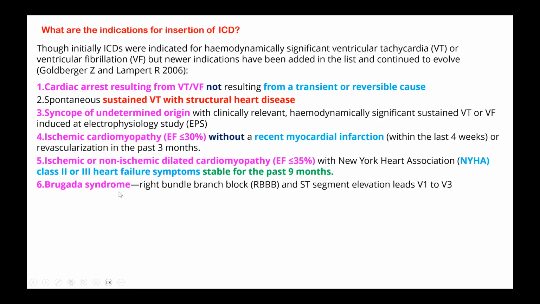And there's a syndrome called Brugada syndrome, where in the ECG, you see a right bundle branch block with a ST segment elevation in chest leads V1 to V3. So whenever you see RBBB, which is a normal innocuous condition which is ignored or accepted for surgery, always make it a point to look at V1 to V3.